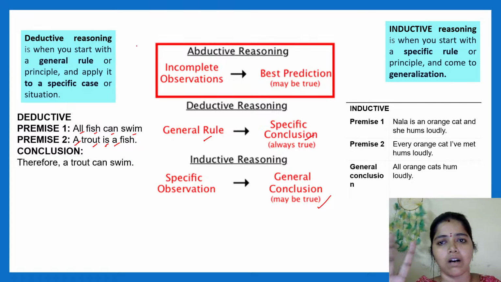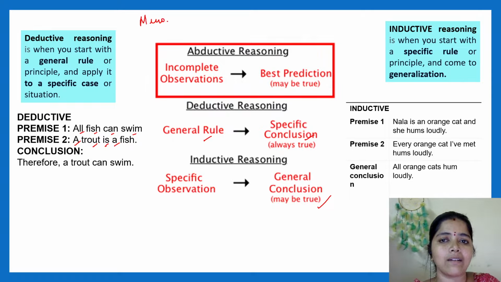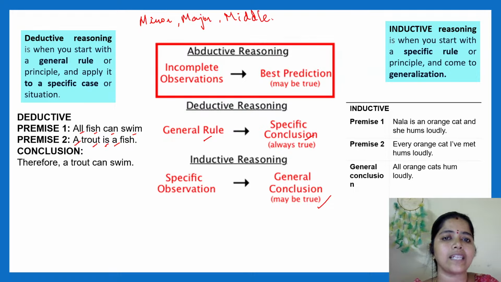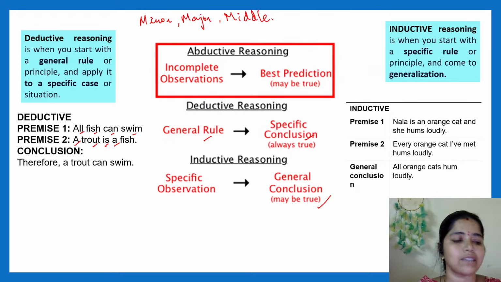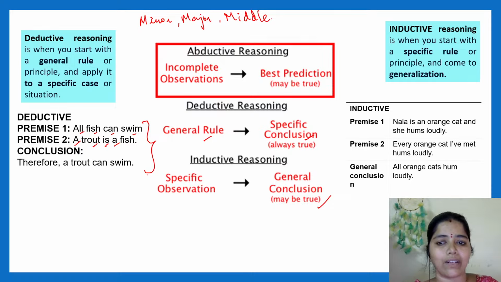In logical reasoning, in an argument or proposition, we have terms like minor, major and middle. These are the three terms that we use. In a categorical proposition, which we will see later, two things are repeated in the premises, and we call that the middle term.